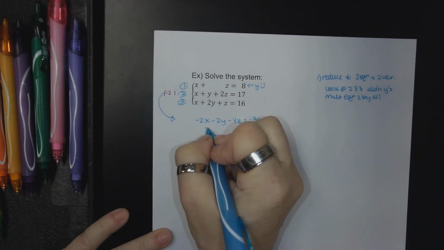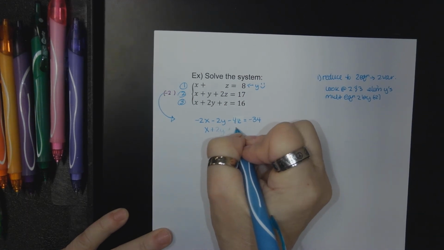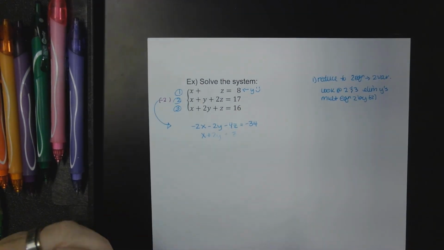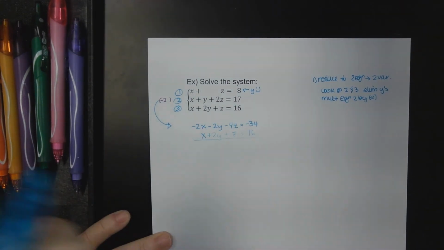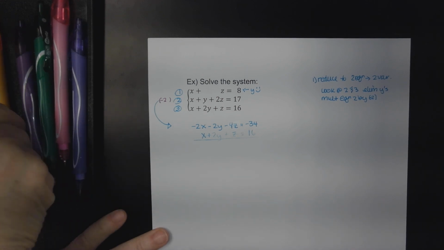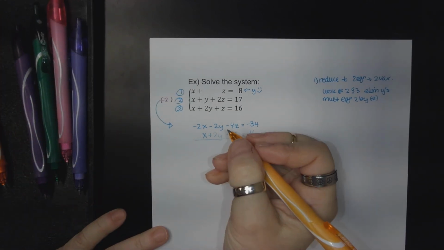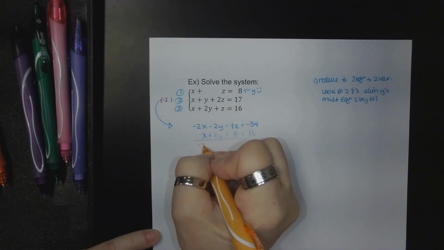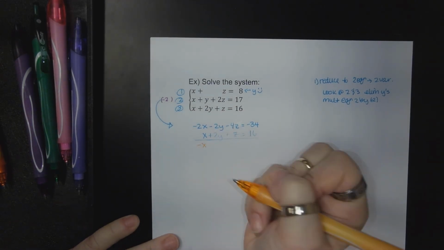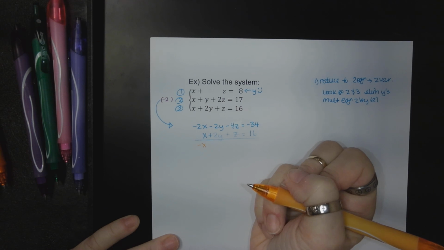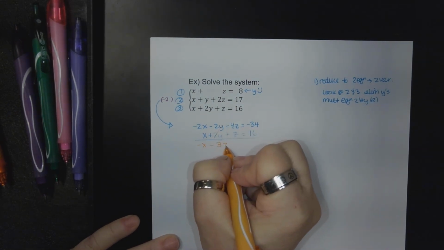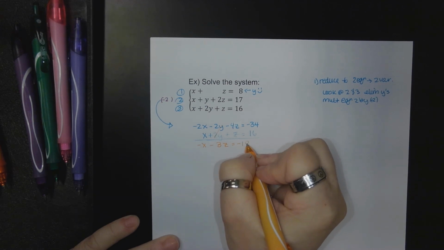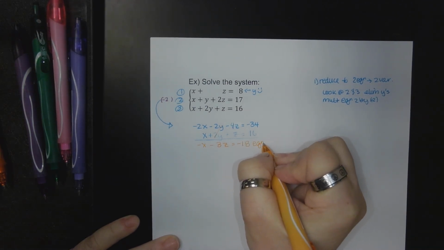This one we copy and paste. I don't think we're out of ink. Definitely out of ink. New color. So then here we're going to be left with -x, cancel, -3z equals -18. And this is going to be our equation 4.